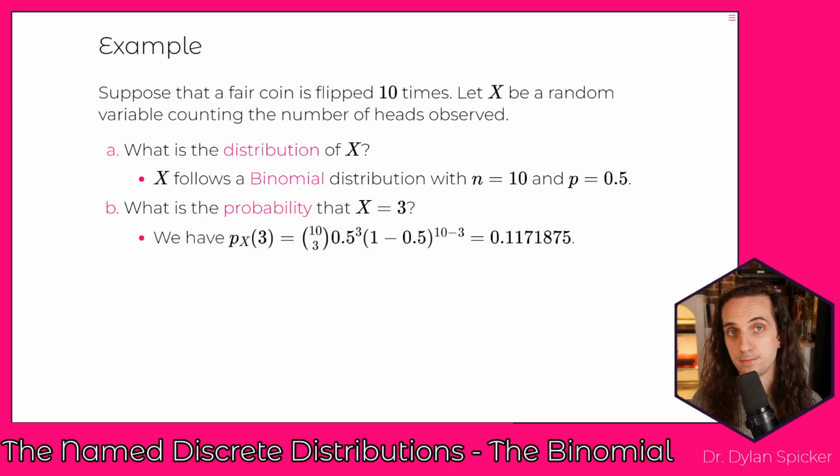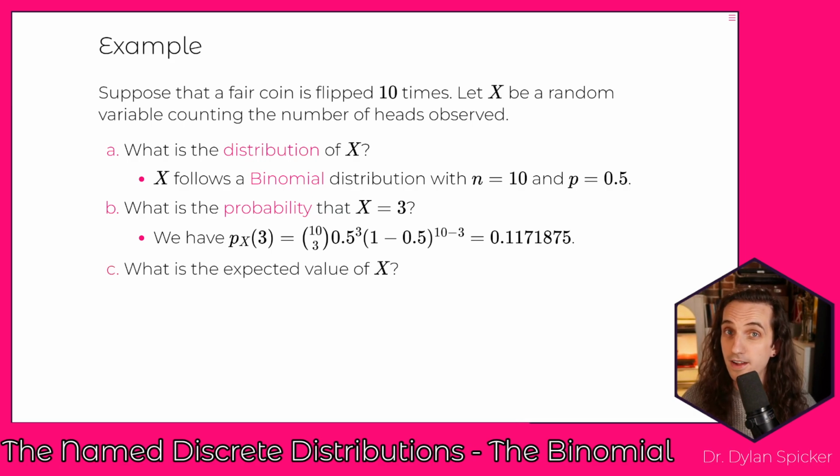So the PMF with 3 plugged in is 10 choose 3 times 0.5 to the power of 3 times 1 minus 0.5 to the power of 10 minus 3, which gives us 0.11171875. So the probability that you observe exactly 3 heads on 10 flips of the coin is about 11.7%.